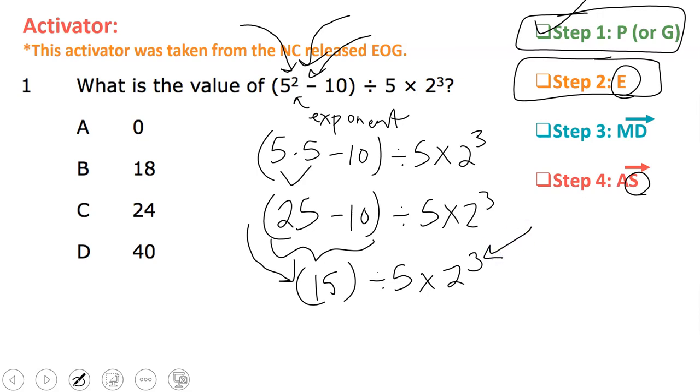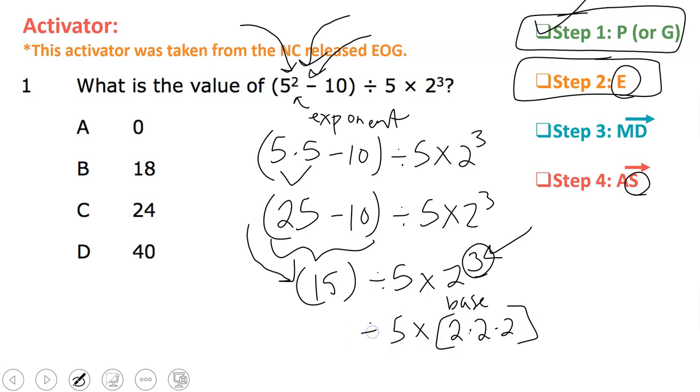And I do see an exponent. I see an exponent of 3. So that 3 tells me how many of the bases, the 2, are being multiplied together. So I need to record the 2 3 times, and I'm multiplying that together.